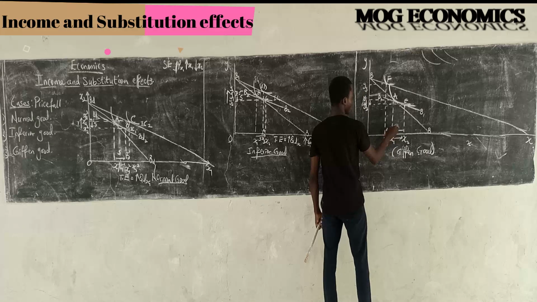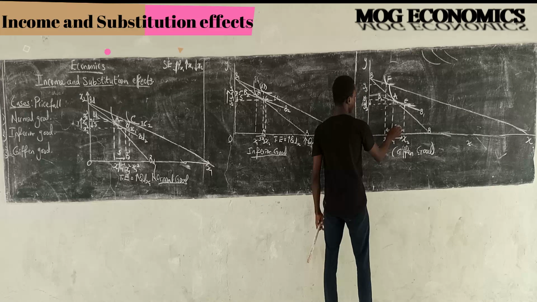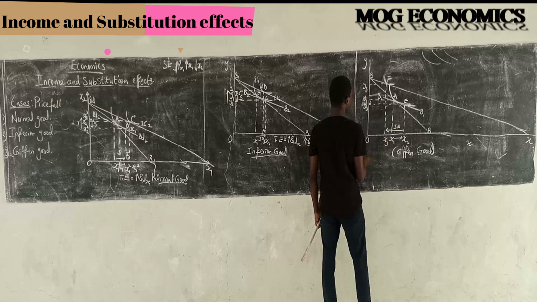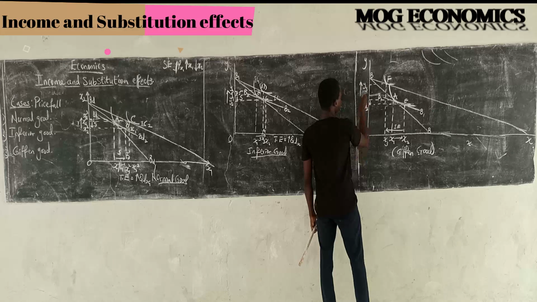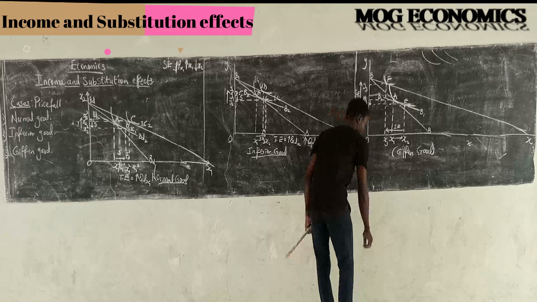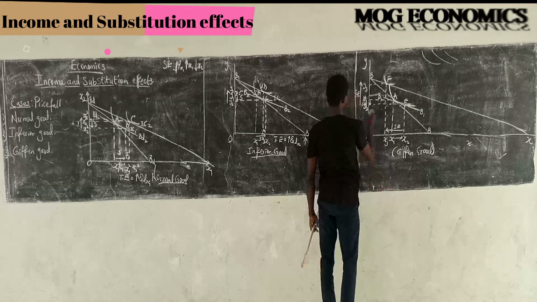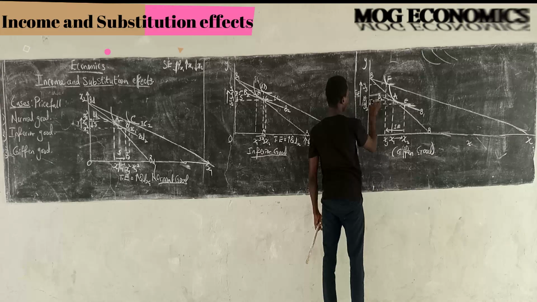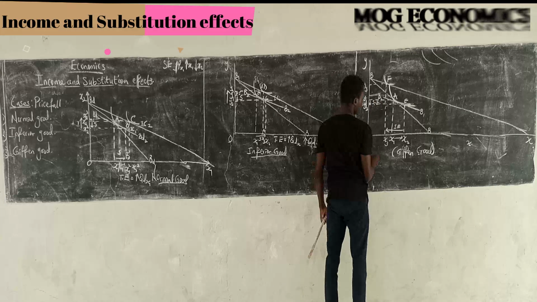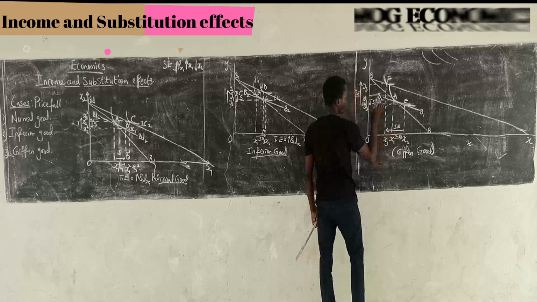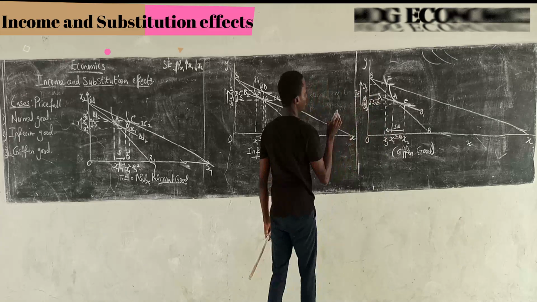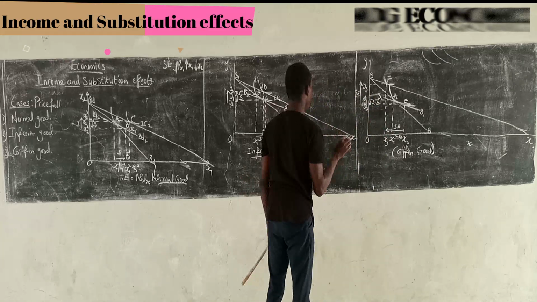That's the income effect. And then remember that this was the substitution effect, saying that we should buy less of this, and this was the substitution effect, saying that we should buy more of this. So with this, we've been able to depict the income and substitution effect of a Giffen good.